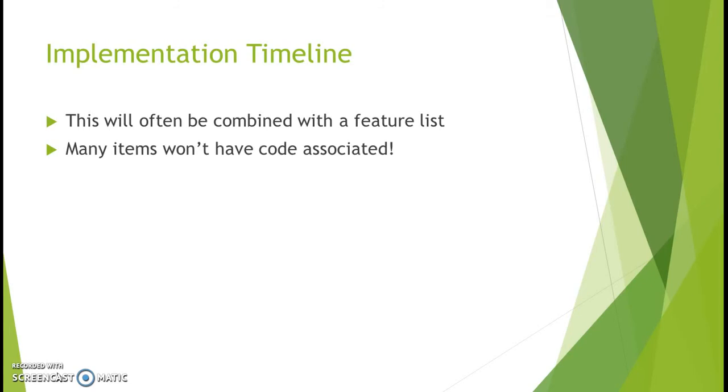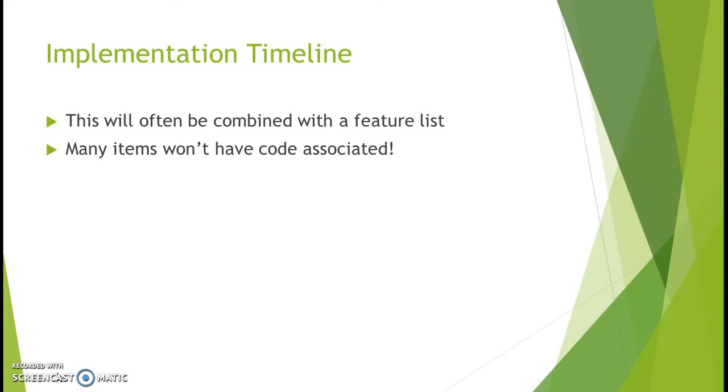Now, on your implementation timeline, many items won't even have code associated with them. There'll be research of a given feature, or obtaining a word list, or potentially creating some kind of pictures, or even sometimes taking pictures that will be needed for it.